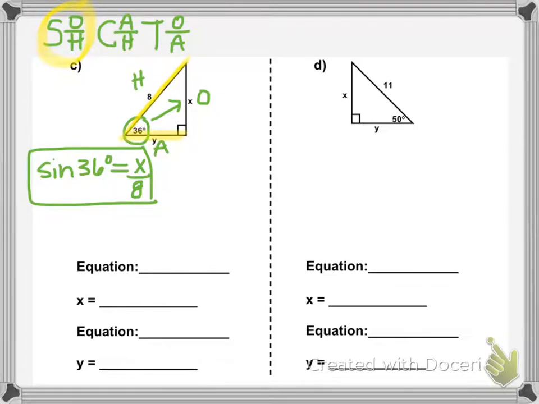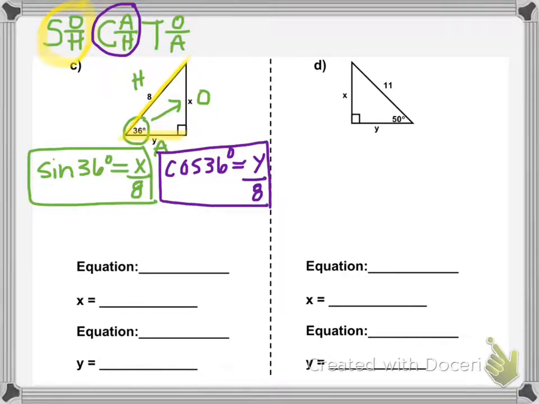I'm sorry, A and H. I'm confusing myself with A and H. So we're going to use CAH this time. The C stands for cosine. So cosine of our angle measure, which is 36, equals the ratio of A over H, which is y over 8. And this is my second equation that I'm going to use to solve for y.